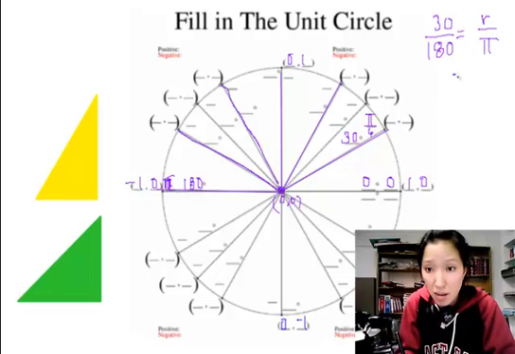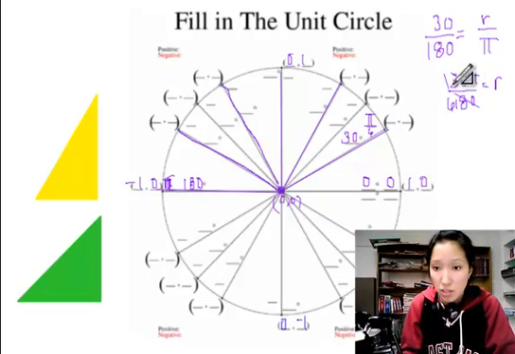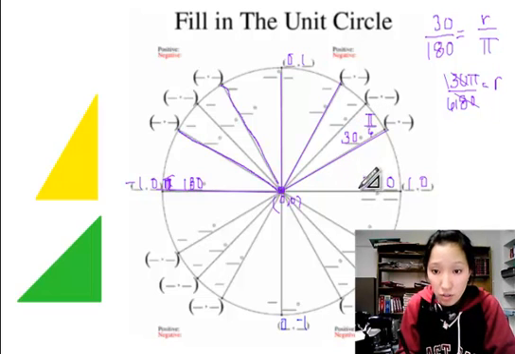So 30 times pi divided by 180 is equal to r. Okay, right? Because this times this divided by 180 equals r. So when you reduce this down, what you are going to get is 30 goes into 180 6 times. And then 30 divided by 30 is just 1. So 1/6 pi.